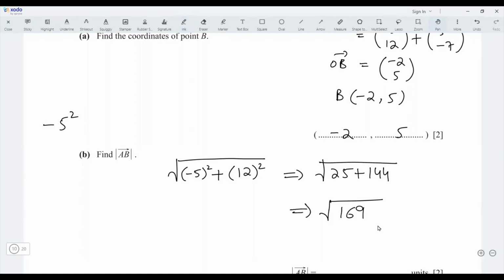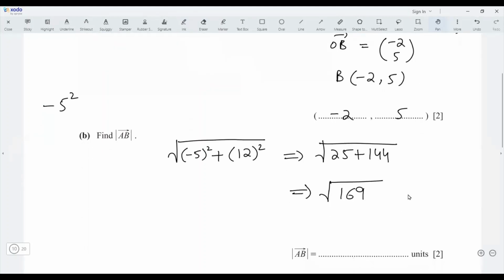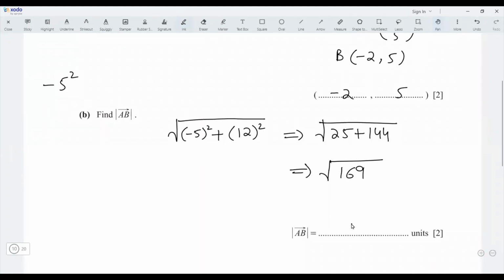Otherwise, these are questions in paper one. If you forgot the square, you can do it in rough work as well. Which number's square is 169? It's basically 13. So 13 is the answer for the magnitude of the AB vector.